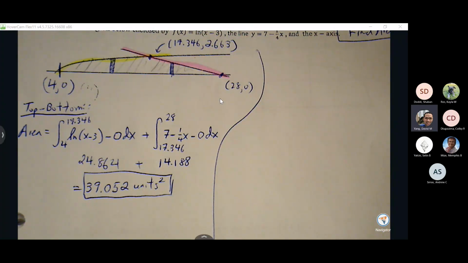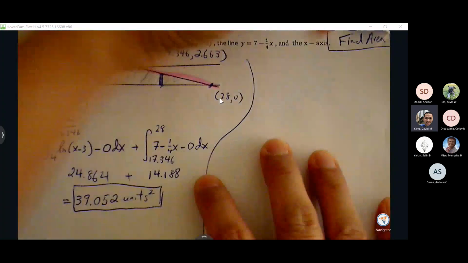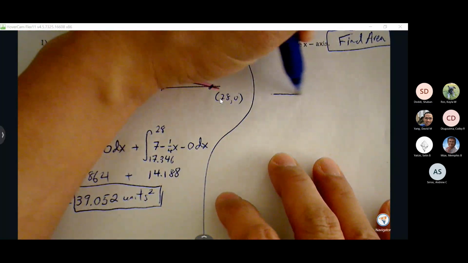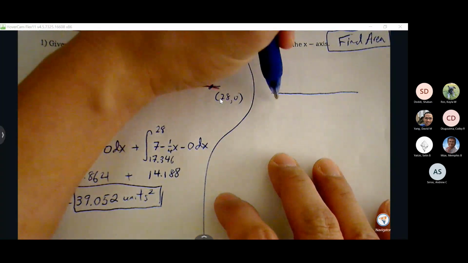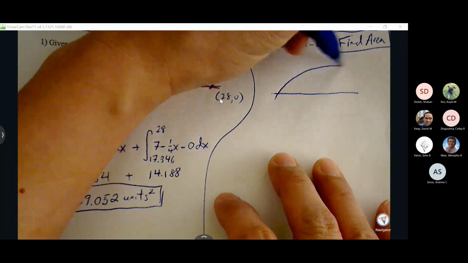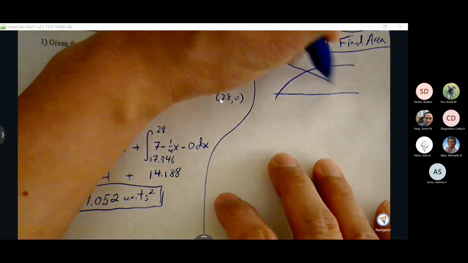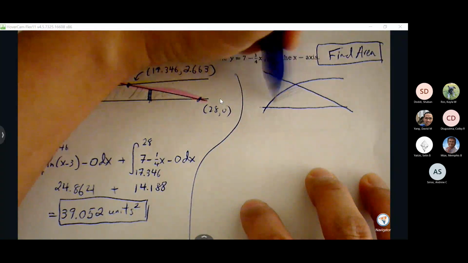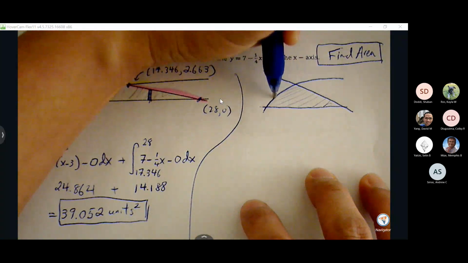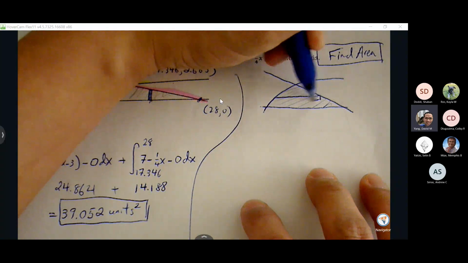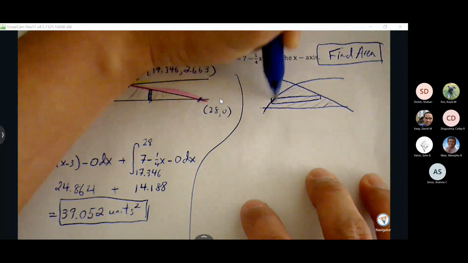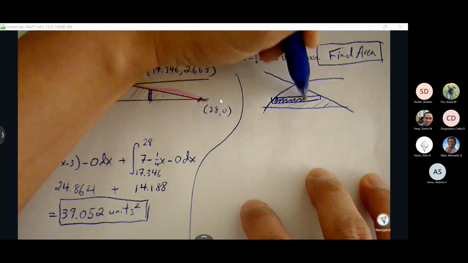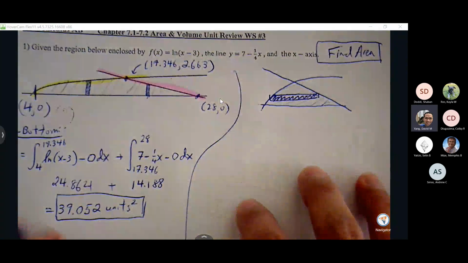Okay, I want to try to do this from a right minus left perspective as well. So I'm going to redraw the graph. If I do right minus left, the tedious thing is you're going to have to rewrite the equations.